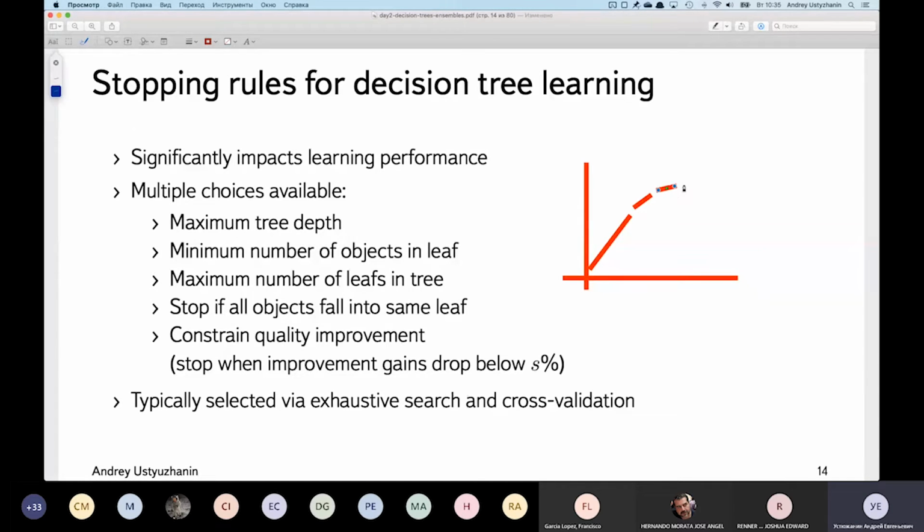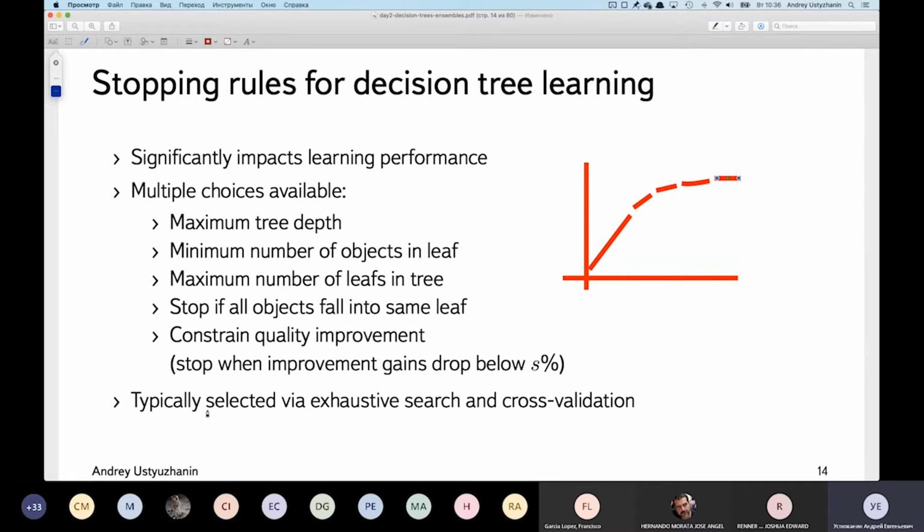Sorry, it's a dashed line because I'm using such an instrument, but you probably get the idea. So you start splitting, and quality starts to increase, but at some point you saturate your quality, and maybe it is a good signal to stop adding more leaves if the increase of the quality at every split falls below a certain threshold.